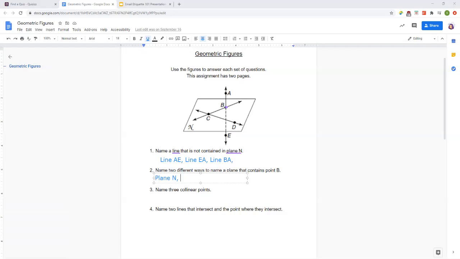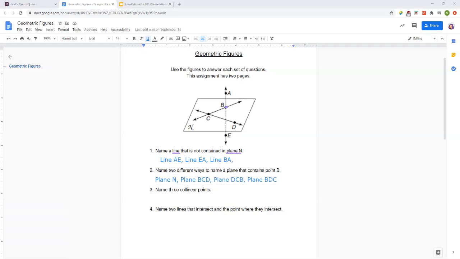Hope that makes some sense. Plane BCD, plane DCB, plane, I don't know, BDC. Doesn't really matter the order of the letters for a plane either.